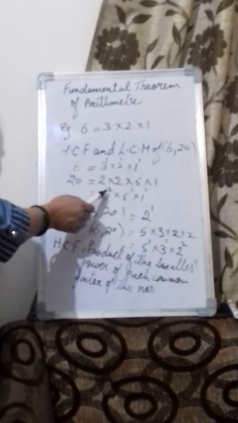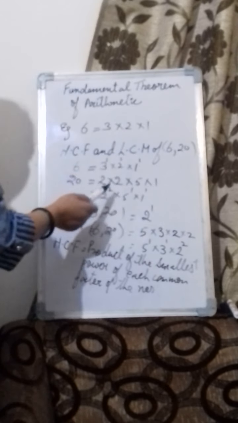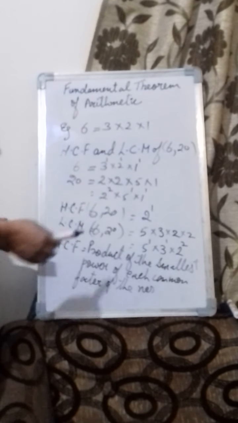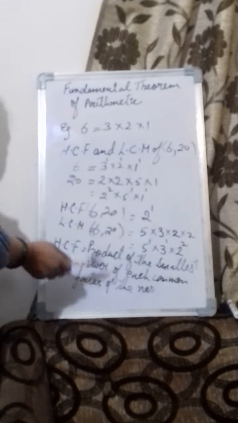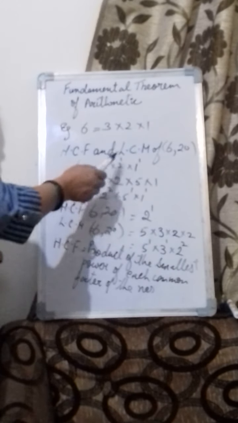You can see that the common factor is 2. Here it is 2 to the power 1 and here it is 2 to the power 2. So for calculating the HCF we take the smallest power. So 2 to the power 1 is the HCF.